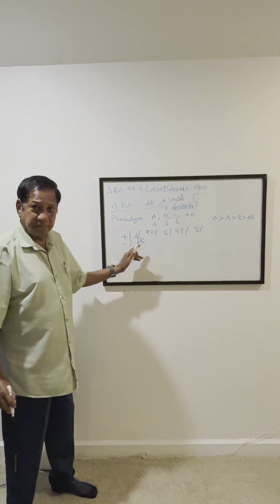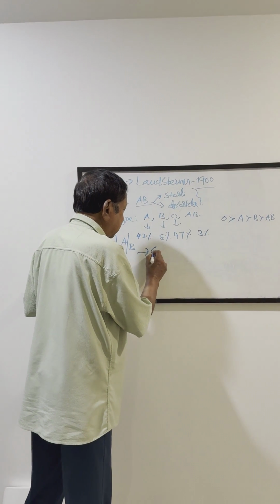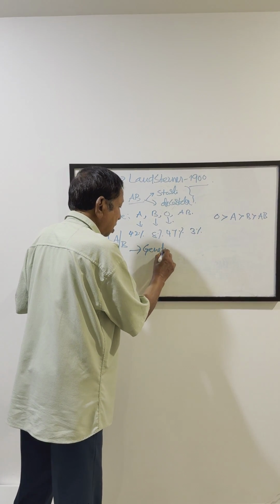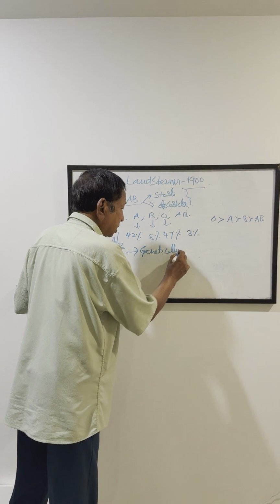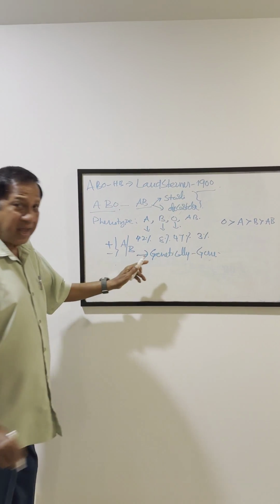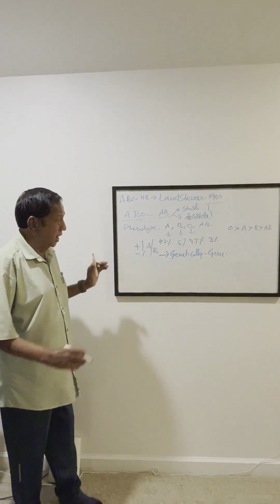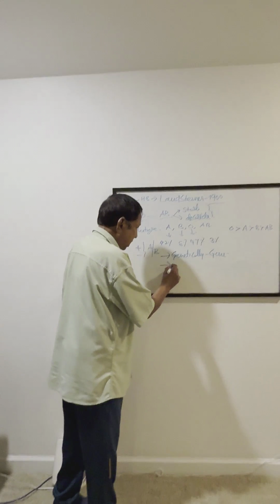This antigen is genetically produced, that is, produced by a gene. It is called agglutinogen.